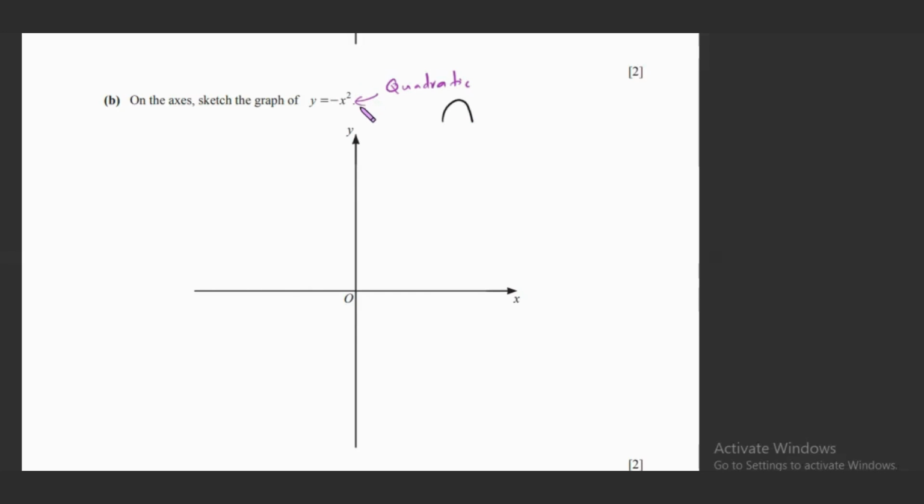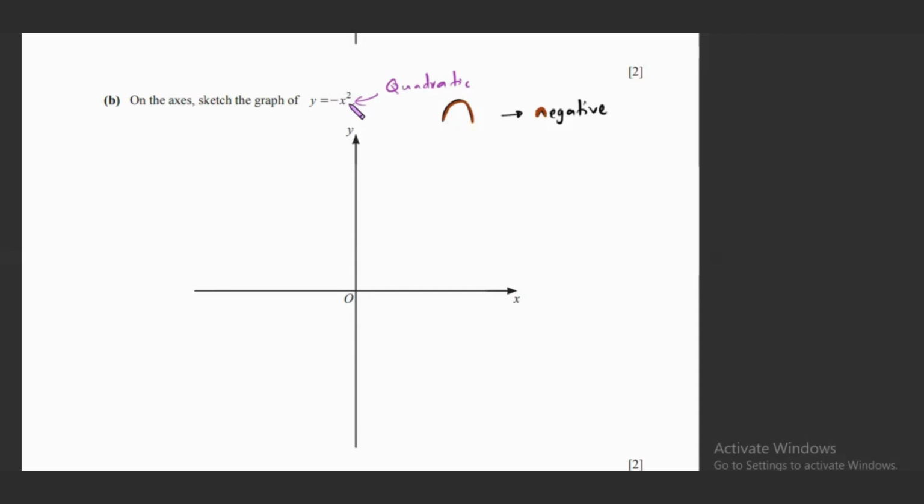Here there is no number being added or connected to this -x squared, which means the y-intercept is 0. The place where it hits the y-axis will be 0. You can remember it this way: a negative sign in front will create this n, and positive will be in the shape of u.